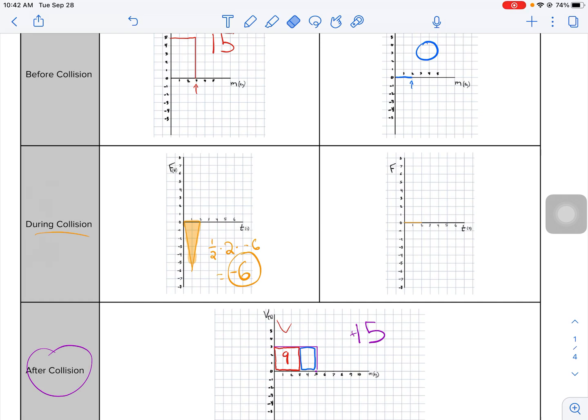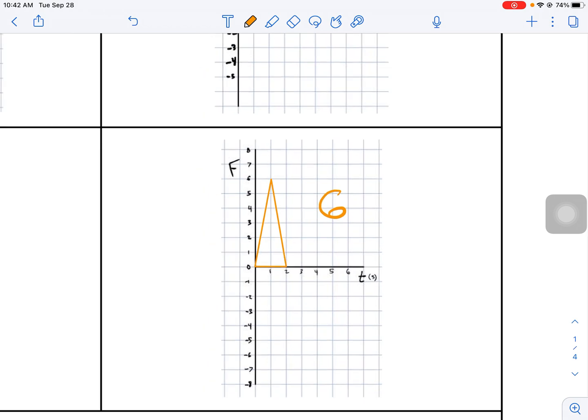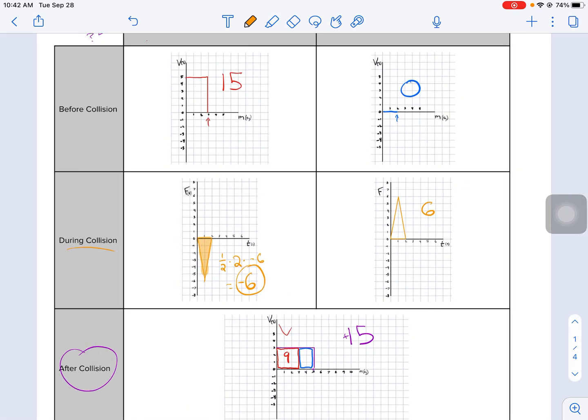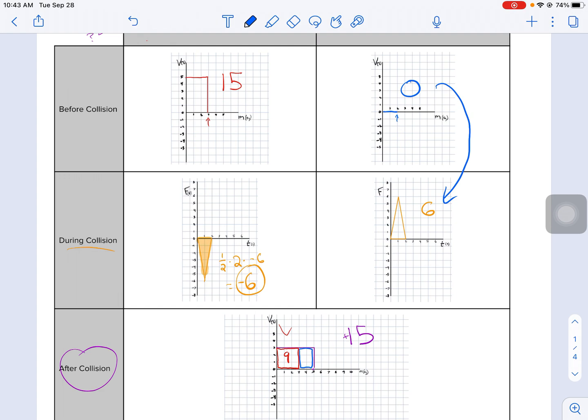Now, the force acting on the other cart, it's going to be the same thing. It feels a force in the positive direction because they are force pairs. And this is an impulse of 6, or there's a change in momentum for the blue cart of 6 kilograms meters per second. And that makes sense to me because if we start with 0, we add 6, we get 6.